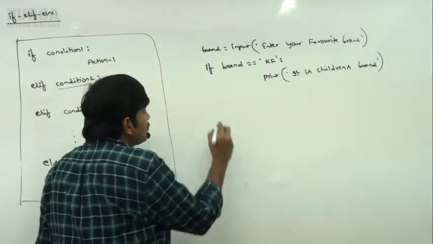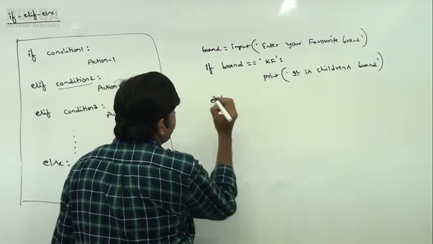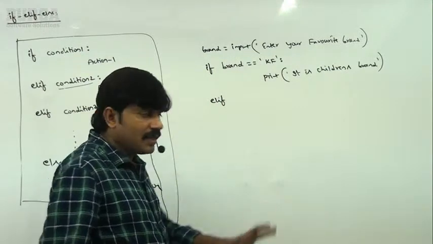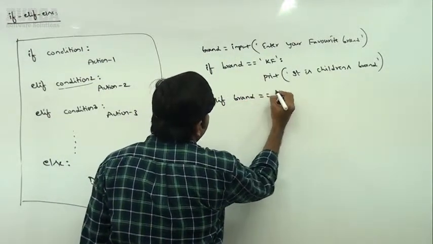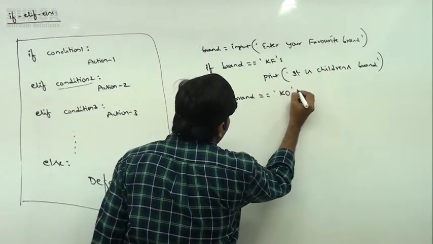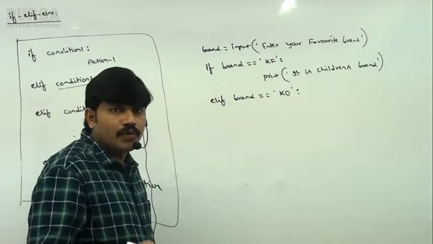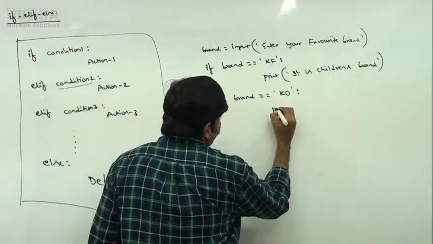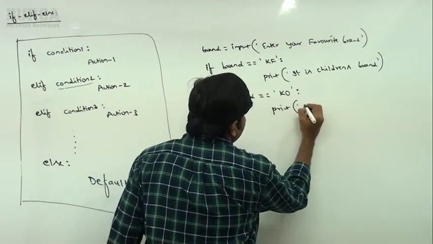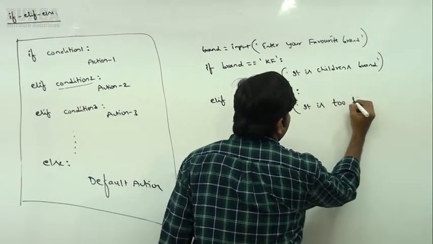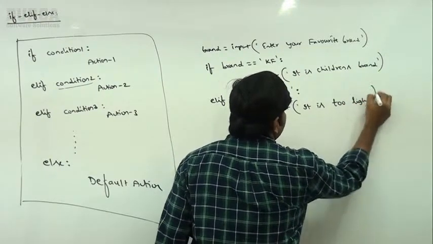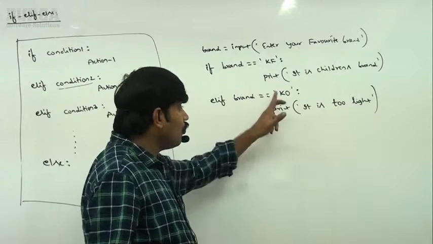Elif, if it is not KF, elif brand is equal to KO, knockout: print "It is too light". KO is too light. This is the statement I want to print.